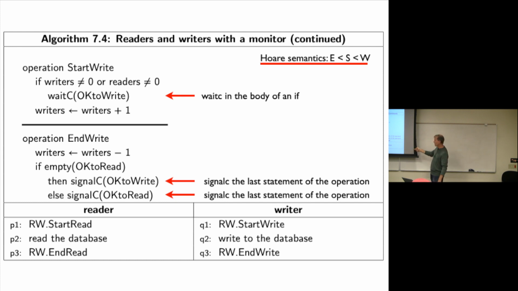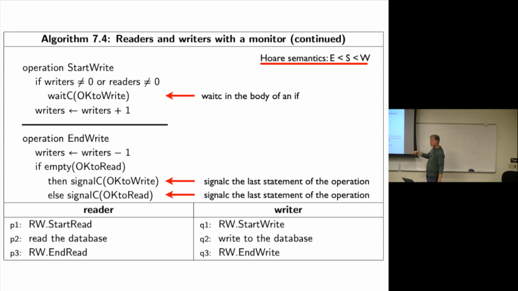And similarly for a writer. In order for a writer to start, a writer executes rw.startWrite. Now, what is startWrite going to have to do? It's going to have to block this writer if there are readers reading.